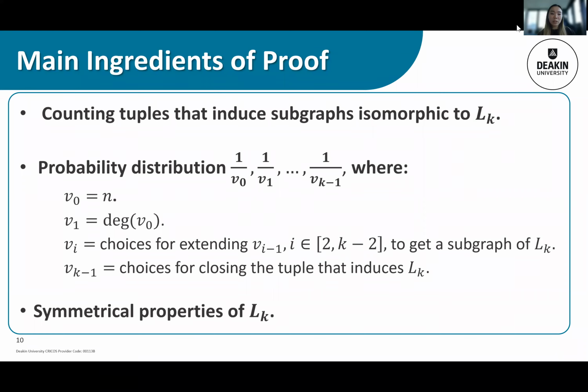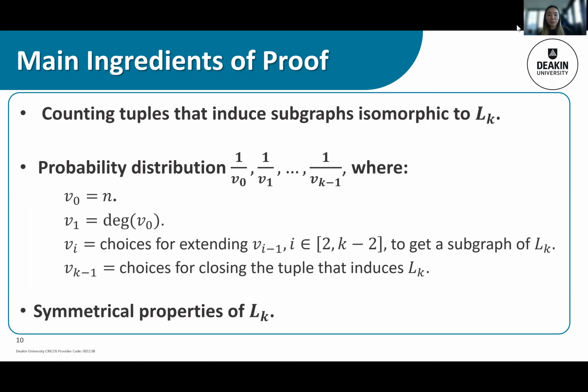So to build around this, we build a probability distribution where we have these necessary conditions. V0 is given, so V0 is the first vertex that you would choose to build your tuple, and it's the number of possible vertices across your whole large graph. For V1, you don't really have a condition, you just need to look at the degrees of your first vertex.